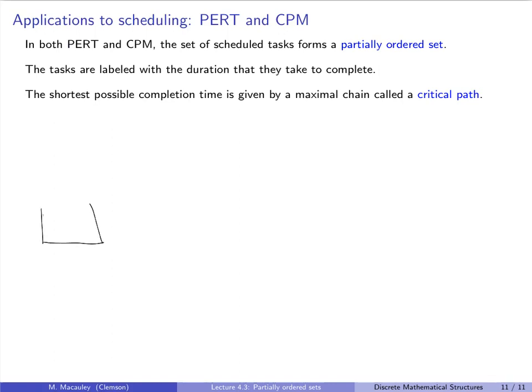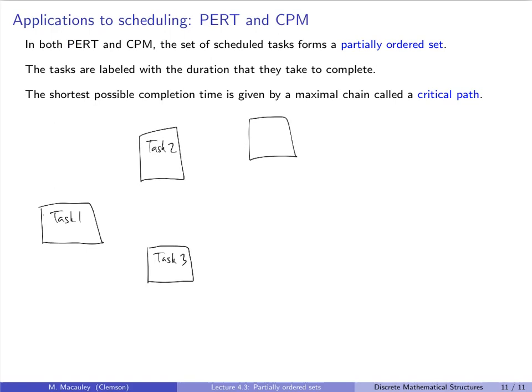So suppose you have, I'm going to call this one task 1. This is task 2. Let's say that task 3 is down here. Let's put task 4 up here. Let's put task 5 here. Let's put task 6 here.